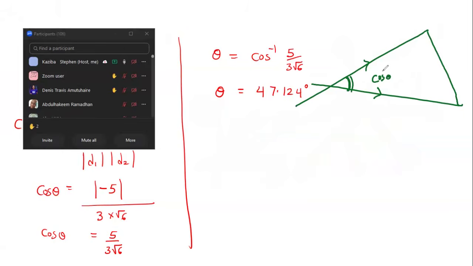Whenever you are using a dot product, let me say this is A and this is B, to find the angle between any two, we always use cos. In case you are finding a cross of two vectors, that's when we use the sine.